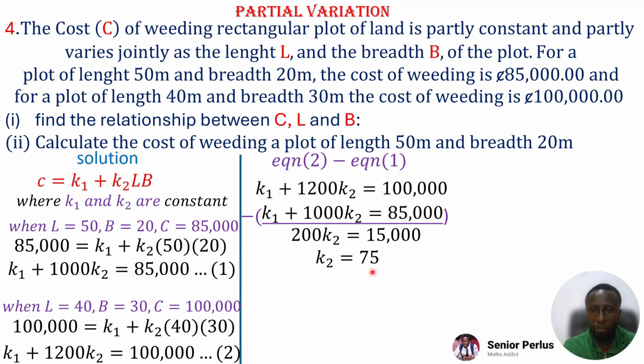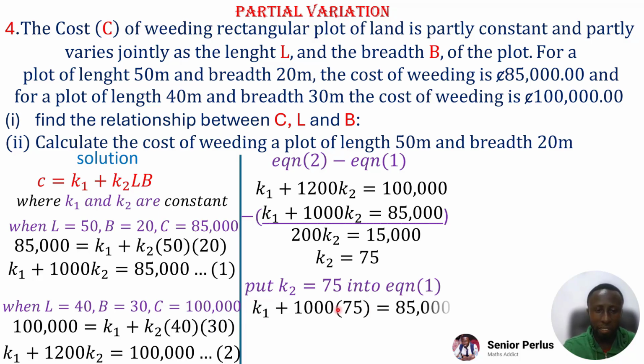75. Good. That's for equation 2. You put k2 into equation 1 to find the second constant, that's the k1. And this is your k1, it's 10,000.